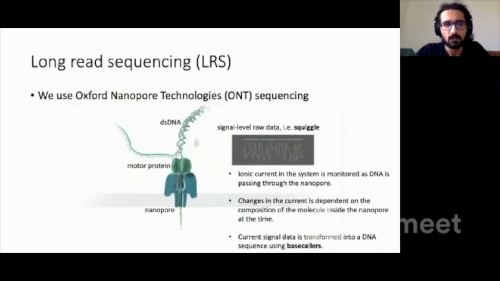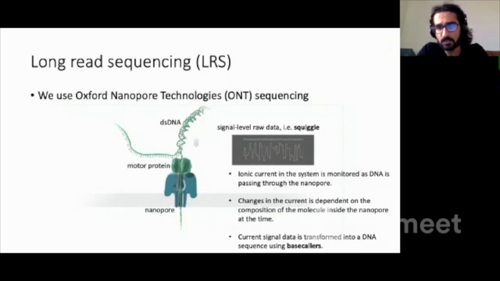So to be able to call them, we use long read sequencing, and we use specifically Oxford nanopore technologies as sequencing data. And the way it works is basically as it's depicted in this cartoon. The double-stranded DNA comes in, split into single-strand via the motor protein, and passes through the nanopore where the ionic current is constantly monitored. We call this a squiggle, or signal level raw data, as it's seen in the picture above.